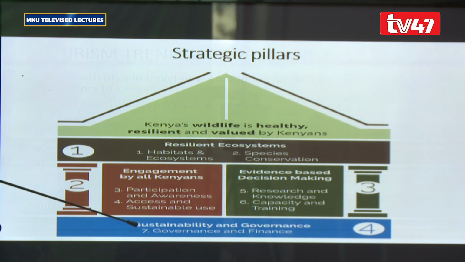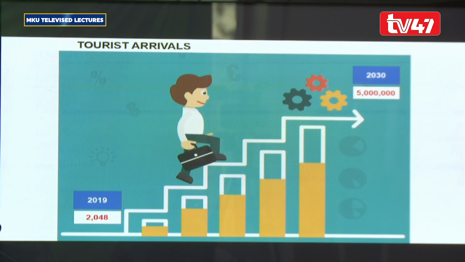So all these strategic issues have been summarized as strategic pillars that will help us grow this industry.